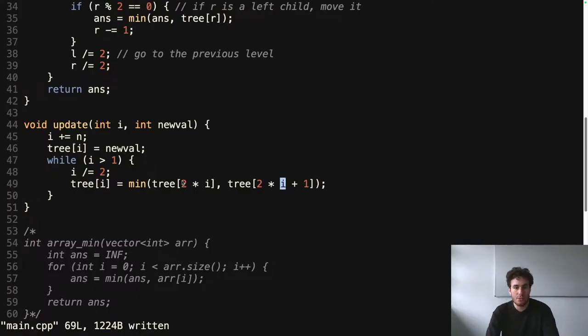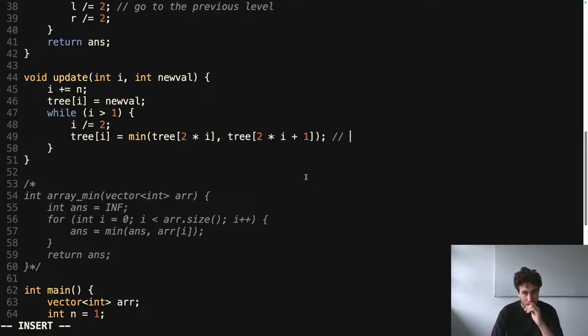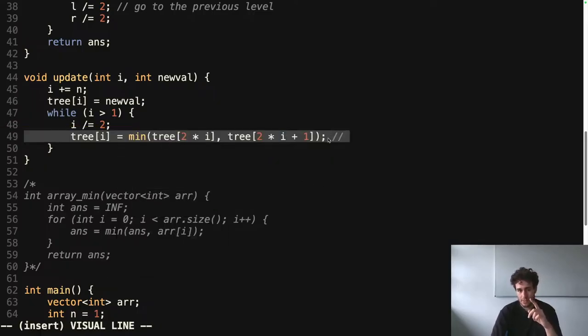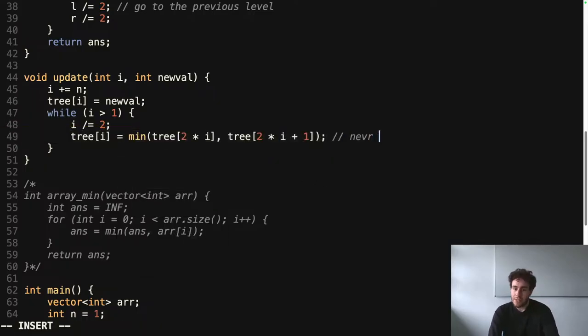I want to give you some kind of advice about this line specifically. And I want to say, never try to be clever. It shouldn't be i at least 1. Because if it's going to be i equals 1, I'm going to divide it by 2 and I'm going to move to vertex 0.